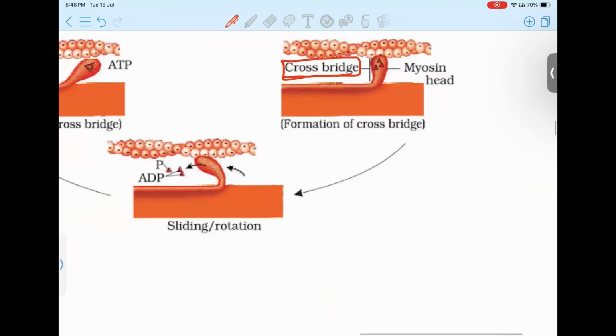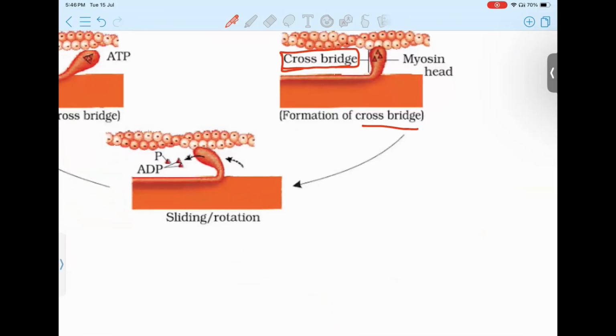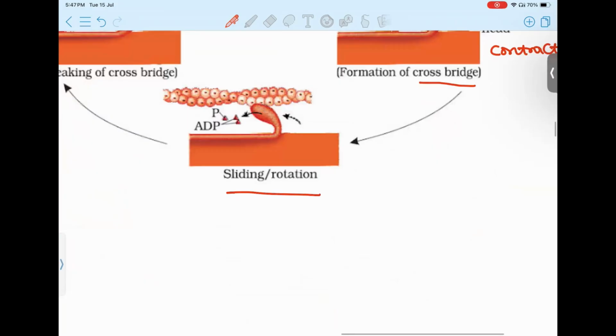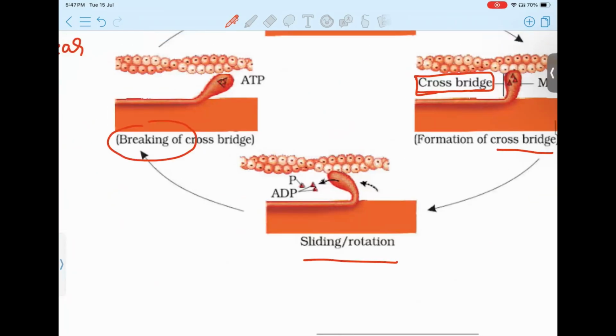After the cross bridge formation, the contraction occurs. Over time, when the ATP is used up, this will cause the breaking of the cross bridge. ATP is already converted to ADP, so this will cause the relaxation of the muscle.